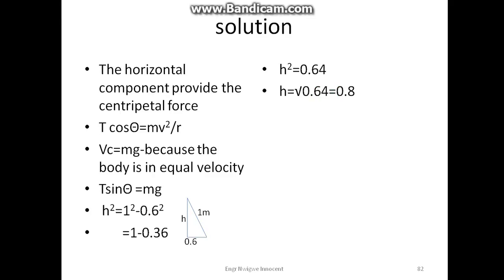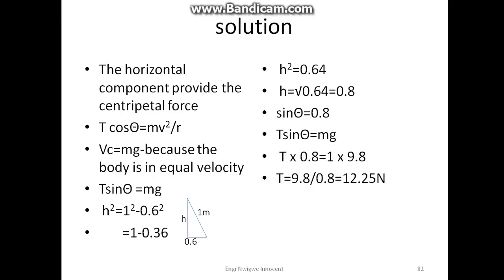H is the square root of 0.64, which gives us 0.8. Cos theta is equal to 0.8. T cos theta is equal to mg. T times 0.8 is equal to 1 times 9.8. T is equal to 9.8 over 0.8, which gives us 12.25 Newton.